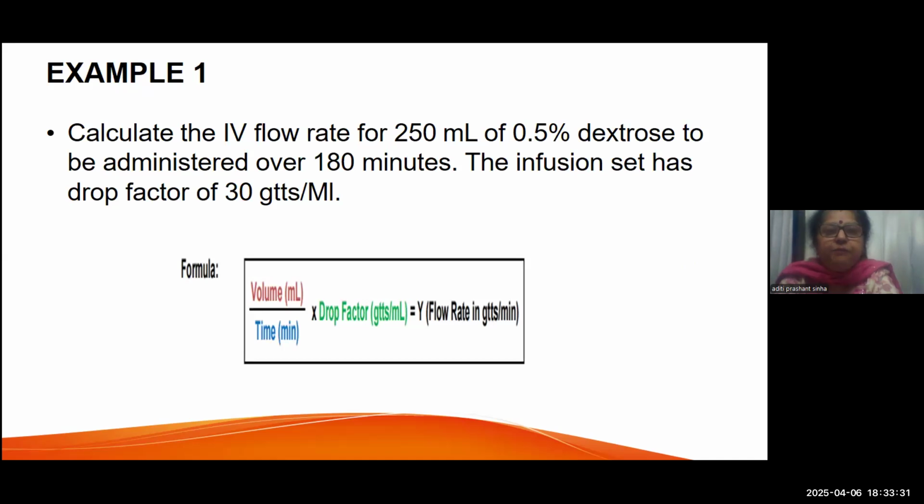Now, next example, just look at this. Calculate the IV flow rate for 250 ml of 5% to be administered over 180 minutes. So the fluid is 250 ml of 5%, and the time given is 180 minutes. The infusion set has a drop factor of 30 drops per ml. It is not ml, it is minute.